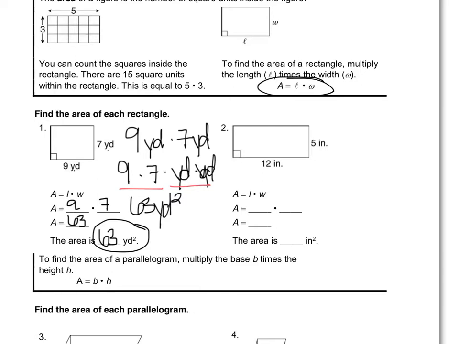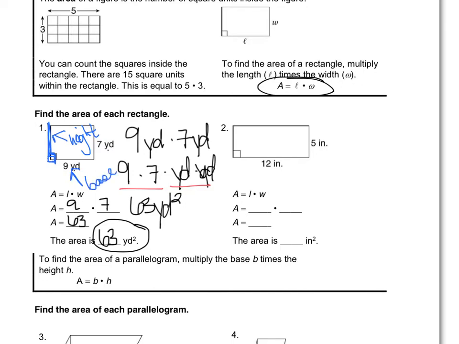One thing I wanted to talk about really quick about finding the area of the rectangle is that we have length times width. And you'll notice that the width here has this little right angle. This right angle represents the height of my rectangle. And 9 yards represents the base.